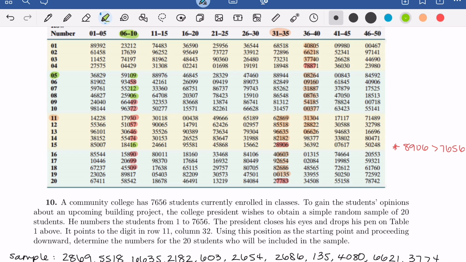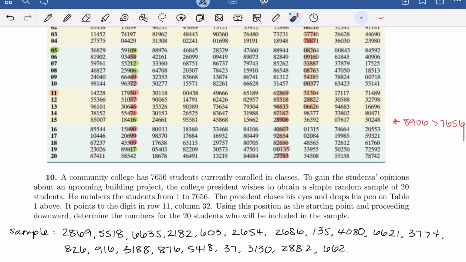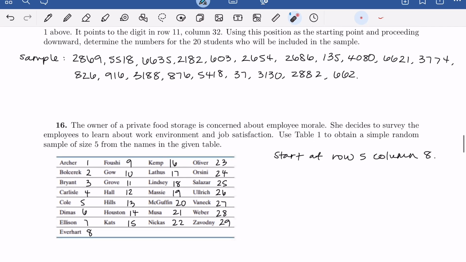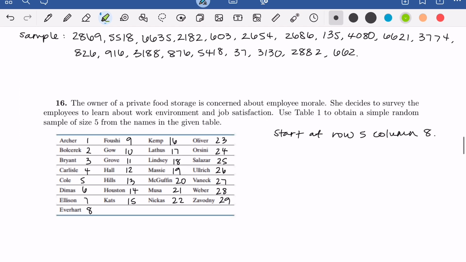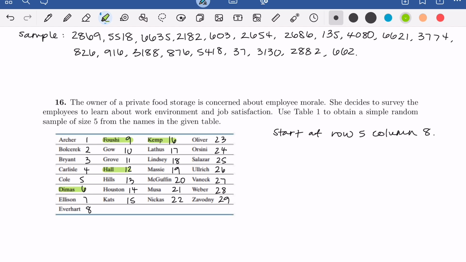But we only need one more person for our simple random sample of 5 people. So that'll be the person who's in the 17th position in our table. So our simple random sample is going to consist of the ninth, 12th, 6th, 16th, and 17th person here. So we have 6, 9, 12, 16, and 17.